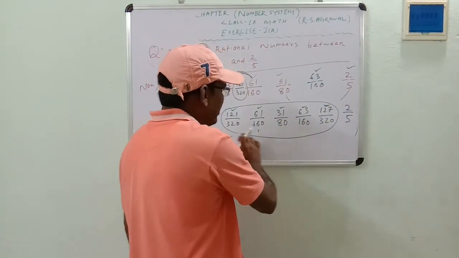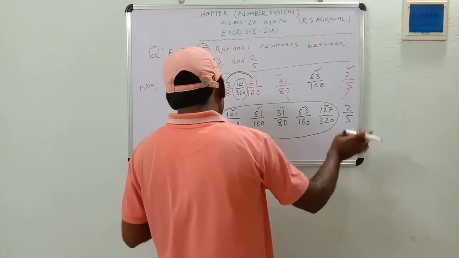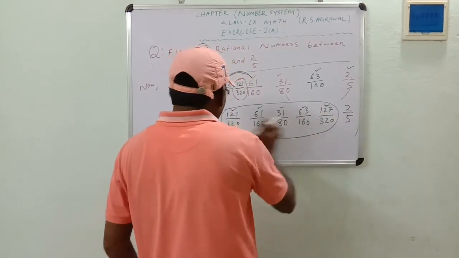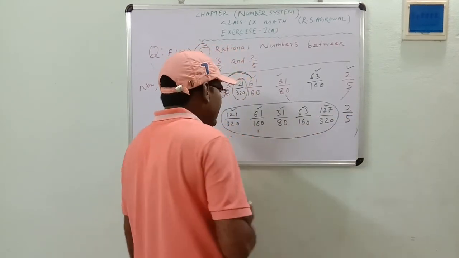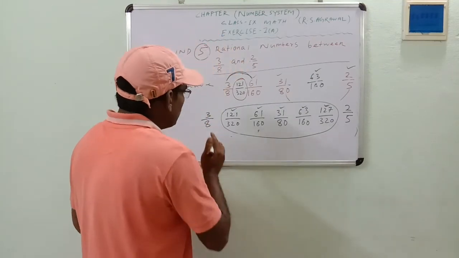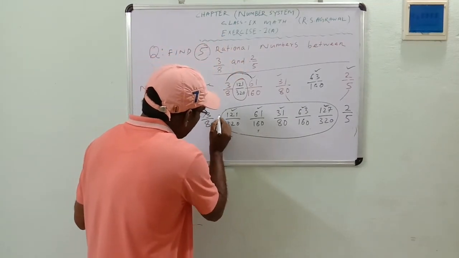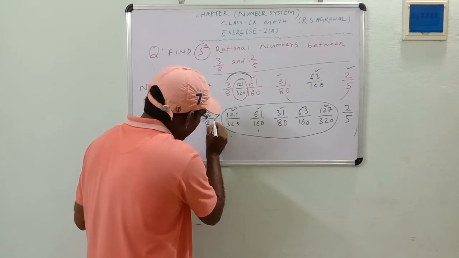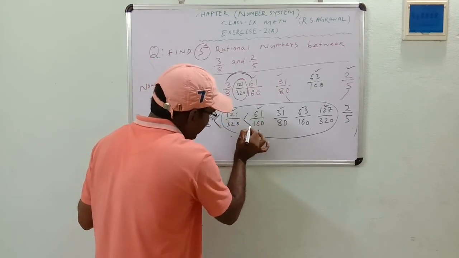As these 5 rational numbers all together are in ascending order, therefore you have to use the less than sign here.